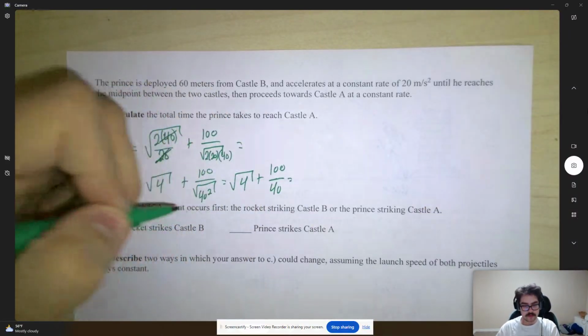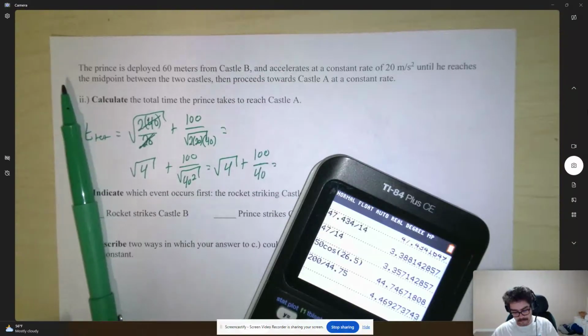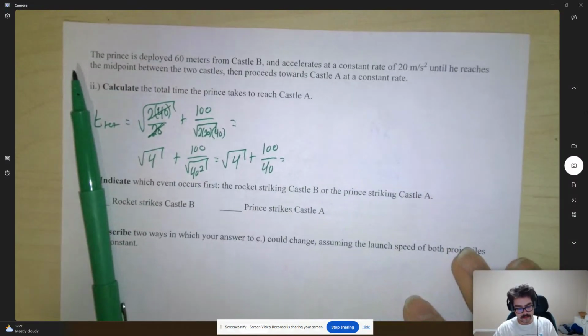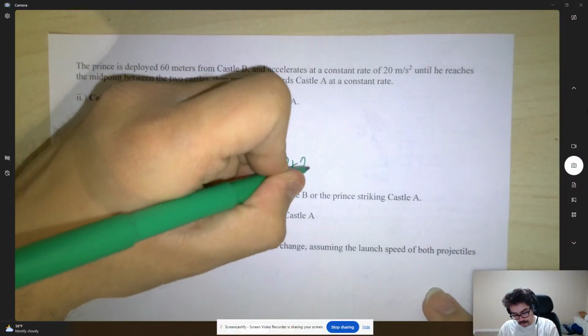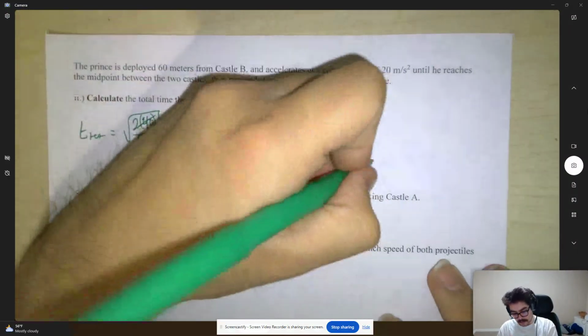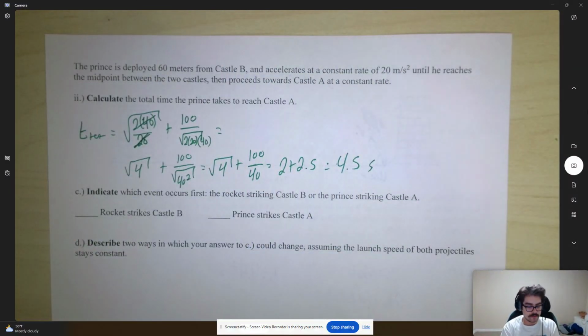So 2 plus 100 over 40. 100 over 40 is not going to be an even number. So I get 2.5, right? So it's 2 plus 2.5, and I get 4.5 seconds. Pretty cool, pretty easy, right? Just plugging in the same thing.